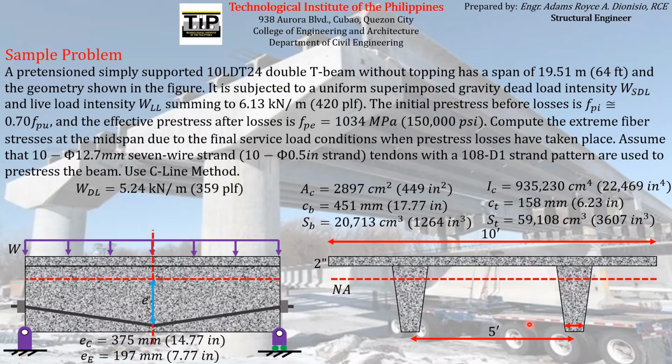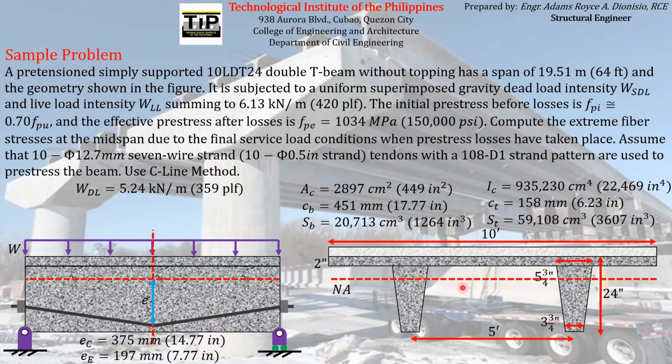The width of the web on the bottom is equal to 3 and 3/4 inches, and the total height of the cross-section is equal to 24 inches, and the width of the web, the upper portion, is equal to 5 and 3/4 inches.